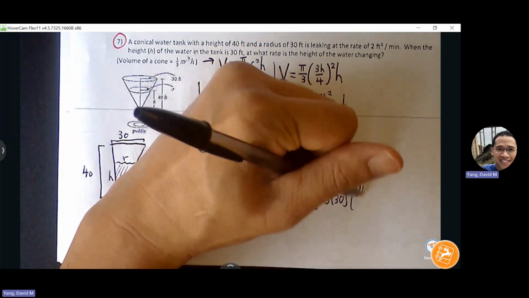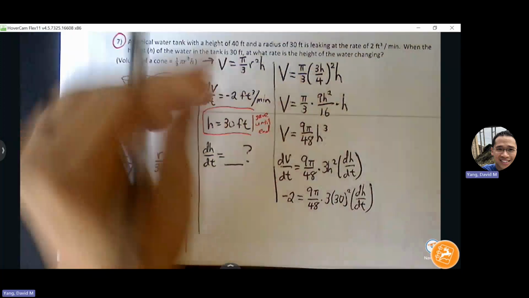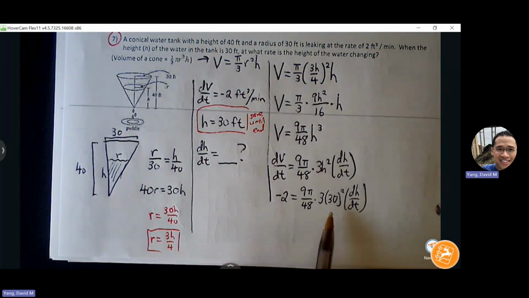Can you plug in the height now? Yep, now I can put in a height. Once that derivative shows up, the height is now ready for us to use.